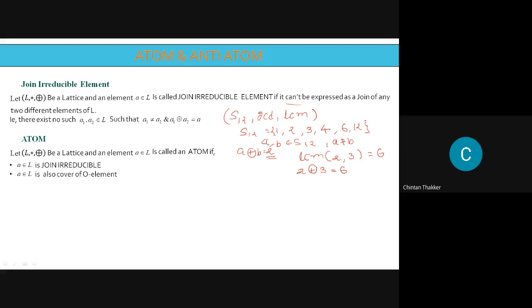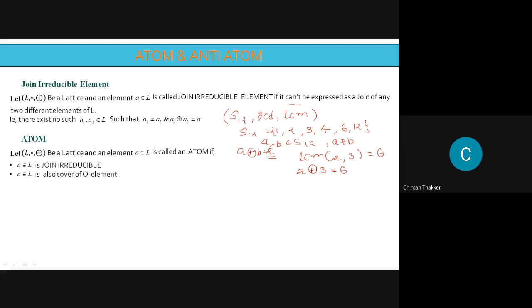The LCM of 3 and 4 is 12, so 12 is not a join irreducible element. A join irreducible element means we cannot write the element as a LUB of two different elements.